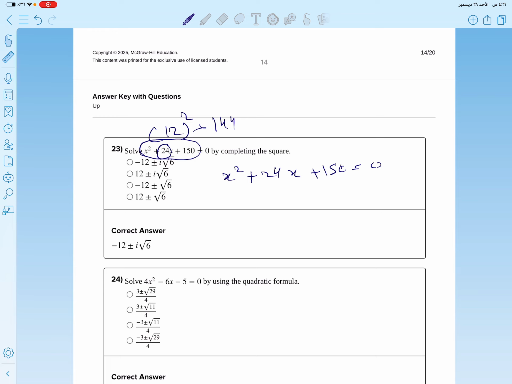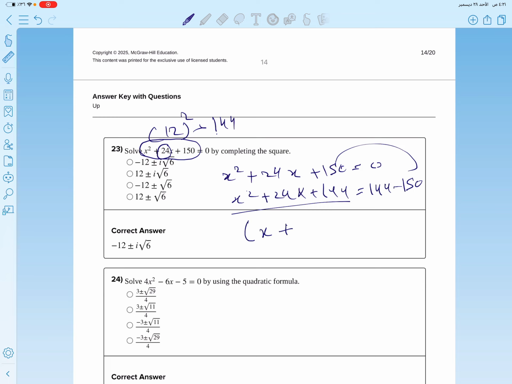This is the equation. I need to add 144 to both sides. It is going to be x squared plus 24x plus 144 equals, I just move this number to the right side, 144 minus 150, sorry, 120. It's ready for completing the square.